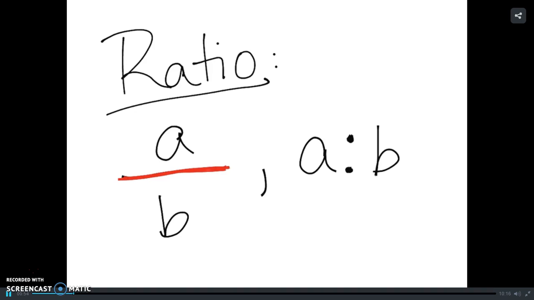That is a division line. So when we write them this way, they are fractions, but they are also a ratio because they represent two quantities that we are comparing using division.